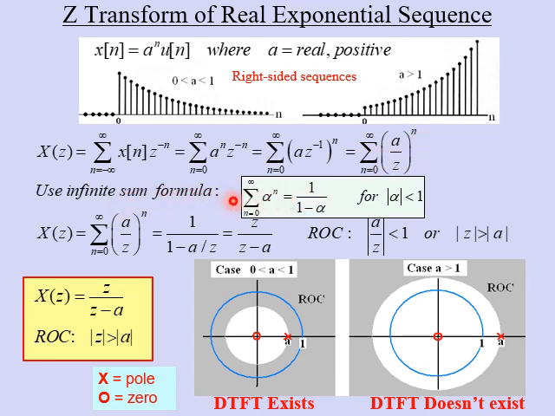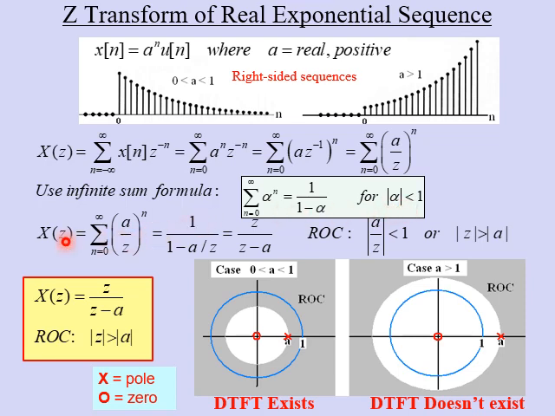The infinite sum formula says that if we have an infinite sum from n equals 0 to infinity of some quantity alpha to the nth power, then this sum converges to the value 1 over 1 minus alpha, as long as the magnitude of alpha is less than 1.